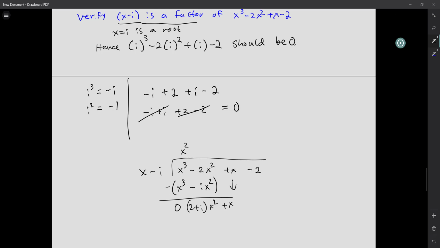And then here I need to put in plus 2 plus i x. So it can get really messy if you try to do it like that. I'd rather just plug in the numbers and see if when I simplify it, it simplifies down to 0, because that will mean that it is a root. That's all we have on complex numbers for now.